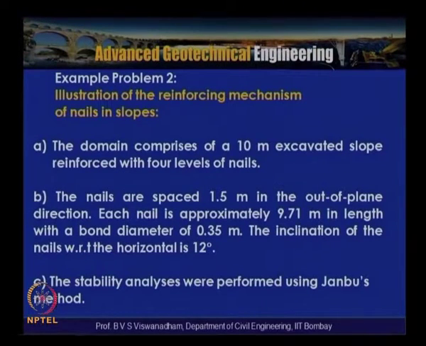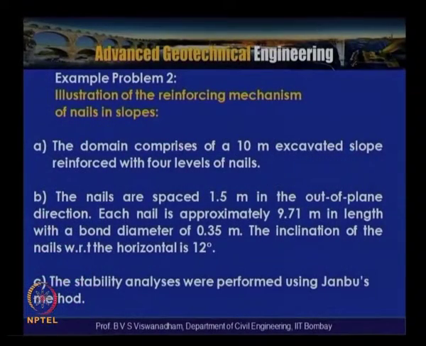Now after having discussed the slope stability analysis problem using anchors, we discuss the influence of nail inclination and the influence of the layout of the nails on slope stability. This example illustrates the reinforcement mechanism of nails in slopes.